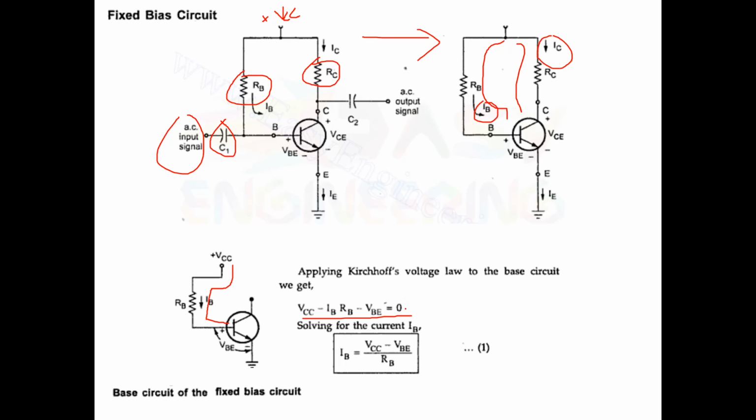Then we can solve this equation to determine IB, the amount of base current entering the base terminal of the CE configuration. Then IB is equal to VCC minus VBE divided by RB. This equation is derived from the previous equation.